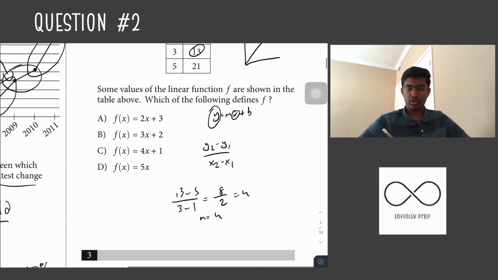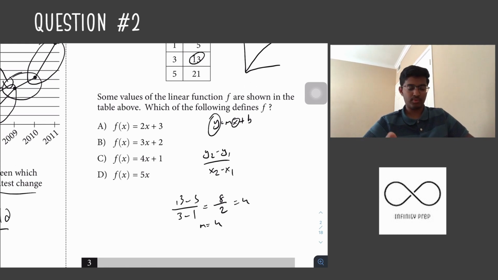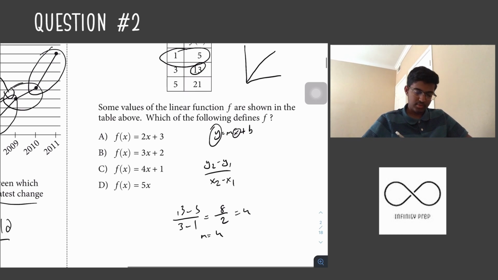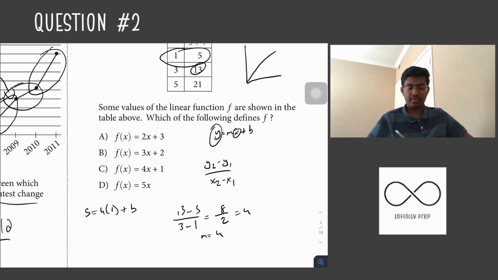Now that we have the slope, we can plug in values for y and x to find b. I'll choose the first 2 data points because they're the smallest numbers and therefore the easiest to solve for. So the y value is 5 equals m is 4, so x is 1 plus b. 5 equals 4 times 1 plus b, which is 5 equals 4 plus b.